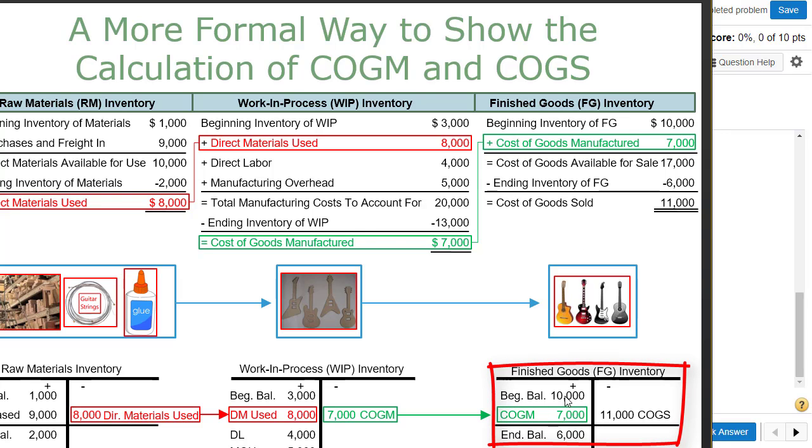You start with your beginning finished goods. You add in the costs of the goods that were created this period. This is our amount available for sale. So using these numbers, if we had 17,000 available for sale, we ended up with only 6,000, then how much must we have sold? We must have sold the difference, 11,000.